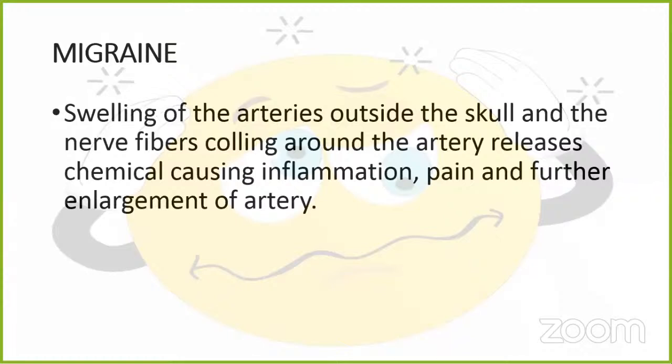Aura here in migraine means warning signs. Most of the time, not necessarily all the time, migraine comes with warning signs. Before the person gets into the migraine, they get warning signs. They'll know, okay, I'm going to get migraine in a few hours or a few days.